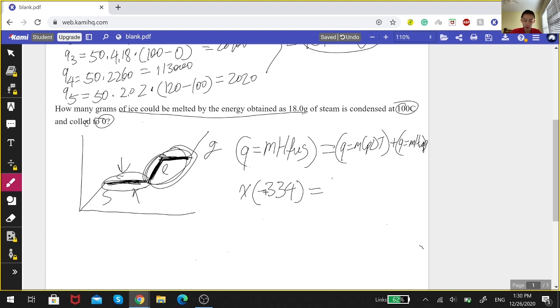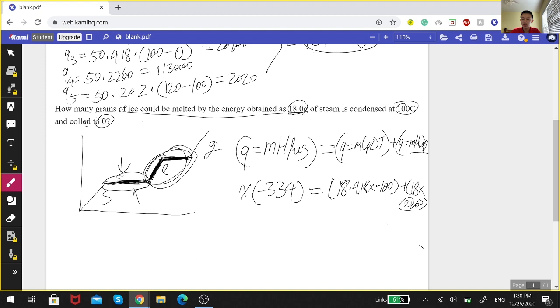Equals 18, this time we're talking about 18 grams of steam. 18 times 4.18 times temperature change, which is negative 100, plus mass times H of vaporization, which is 2260. So let's see what this number gives us. 18 times 4.18 times negative 100 plus 18 times 2260.